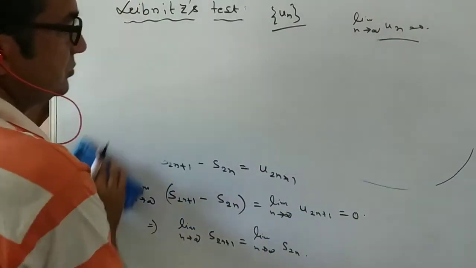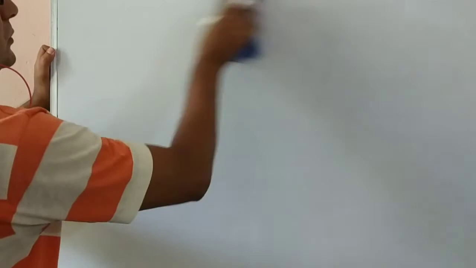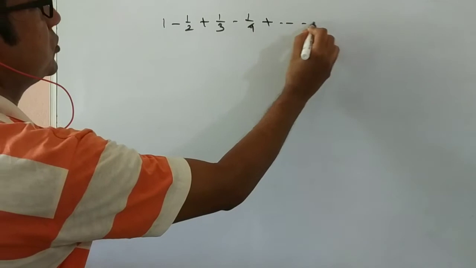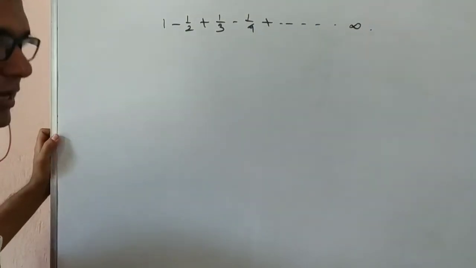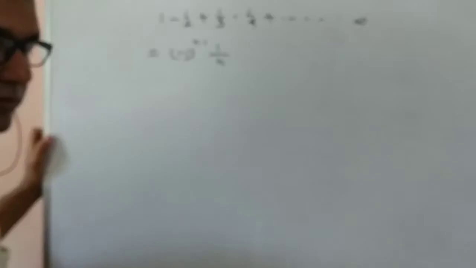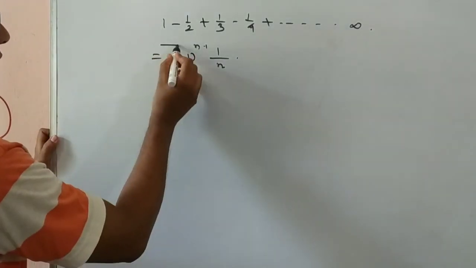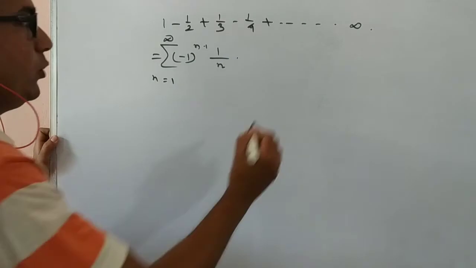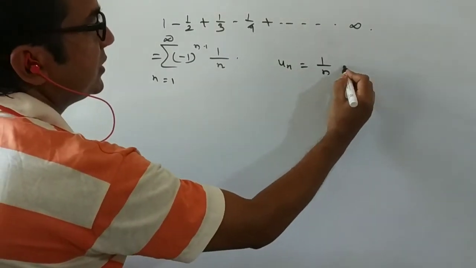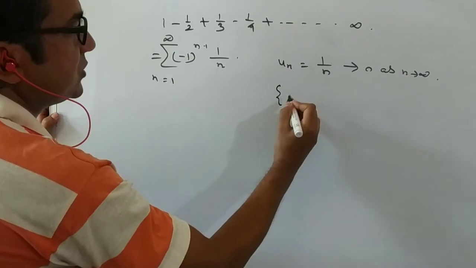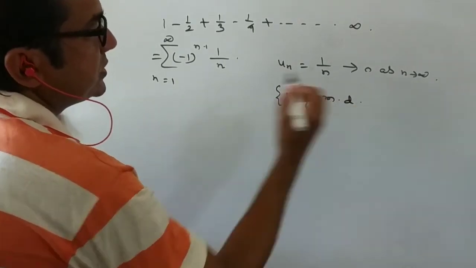Now we apply this test in an example. Consider the series 1 minus 1/2 plus 1/3 minus 1/4 and so on to infinity, and this is summation (-1)^(n-1) into 1 by n, n equal to 1 to infinity. Here u_n equal to 1 by n tends to 0 as n tends to infinity, and the sequence u_n is obviously monotonic decreasing.